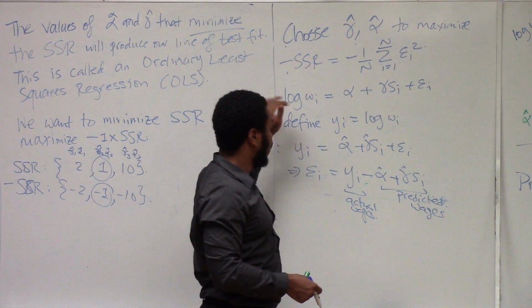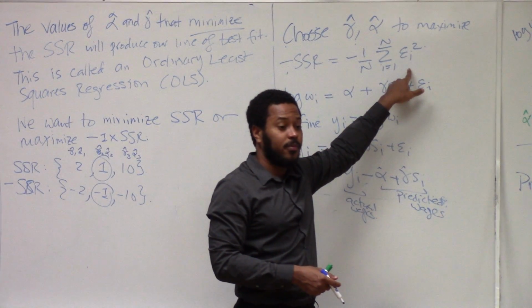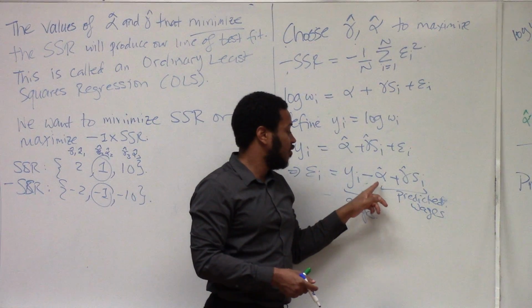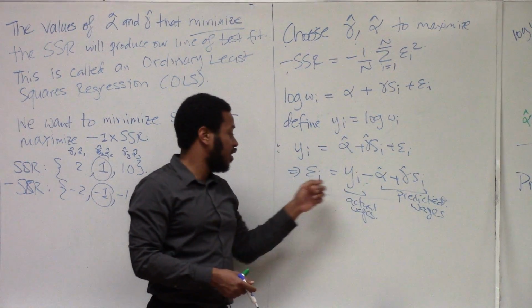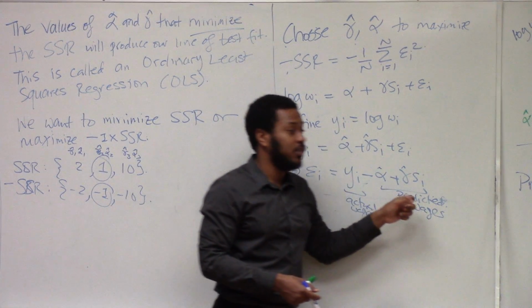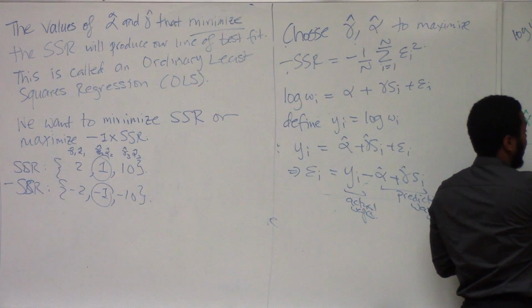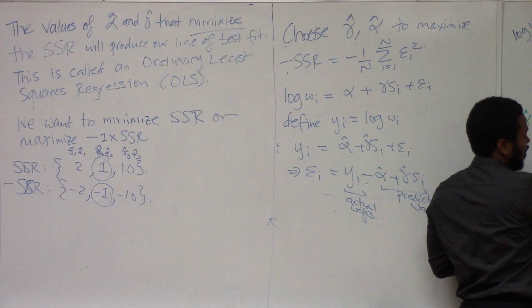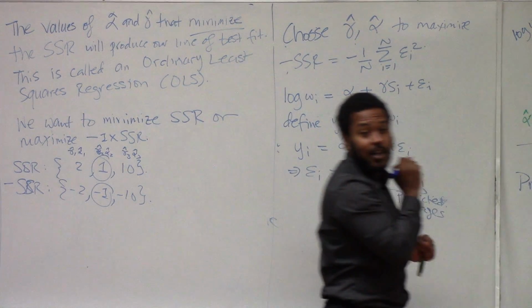In order to find them, we have to construct the prediction errors. For a given guess gamma hat and alpha hat, the prediction error is the actual observed wages minus the predicted wages. Going back to here, these are the actual observed wages, and the predicted wages say that given this years of schooling, we predict this. Everyone sees that?